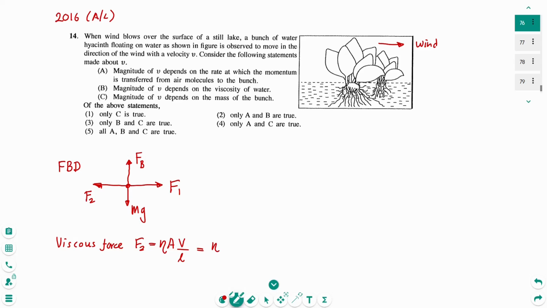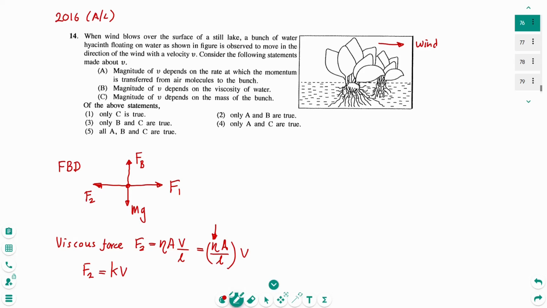So eta times A divided by L, I'm going to bunch that as one, and separate out the velocity. So I can write F2 as a constant K times V. Inside that constant K, we have the viscosity of the liquid, water. So that's how we express F2, the viscous force, in terms of the velocity V.